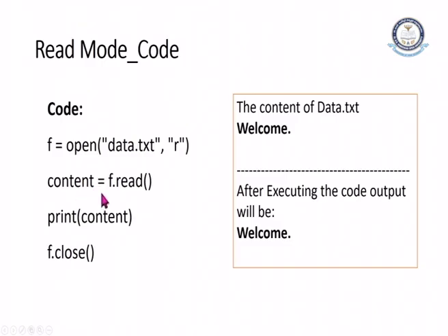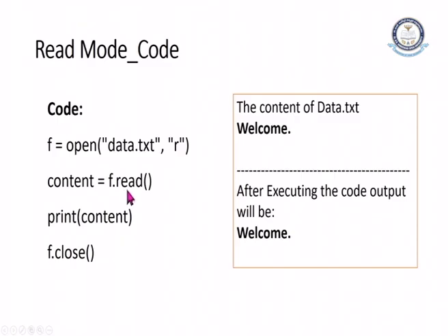Now, open the file in read mode, f.read. Observe here on the right hand side of the assignment operator, I am using one more predefined method, read. Read is a predefined method, as the name suggests, that is used to read the content from a file. From which file do you want to read? f. f is pointing to data.txt.